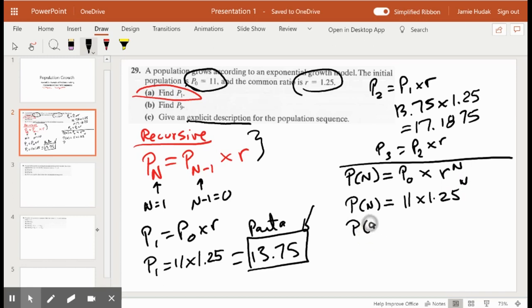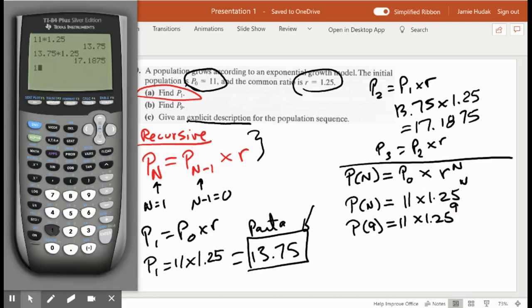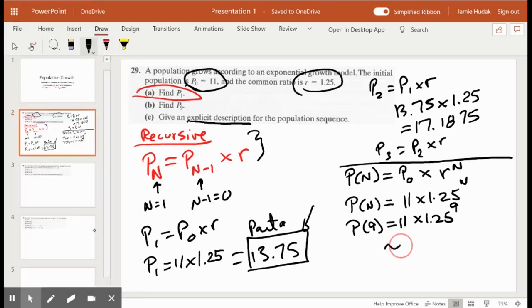And we can jump right to P9, which would be 11 times 1.25 raised to the 9th power, and we get 81.96.